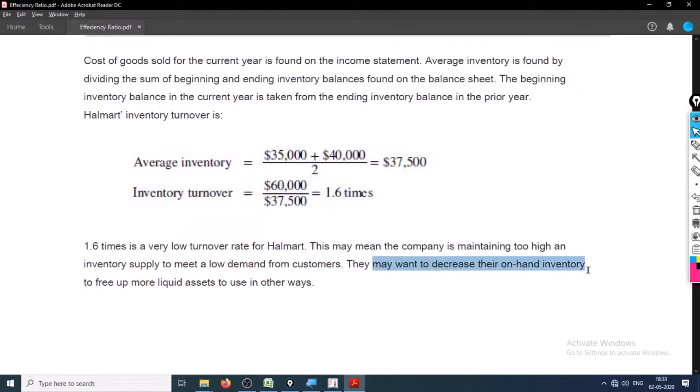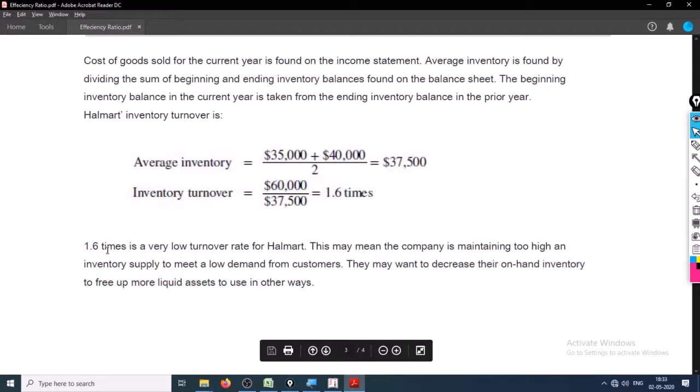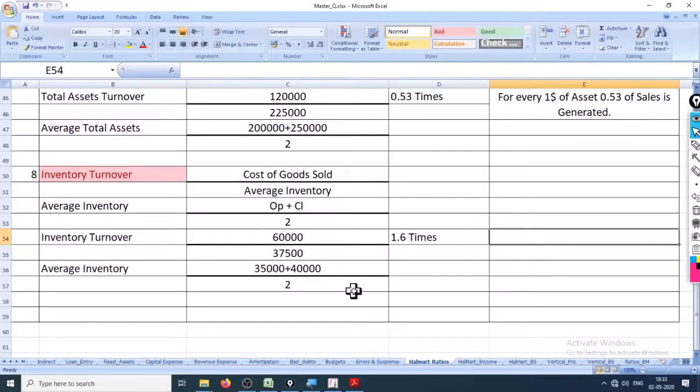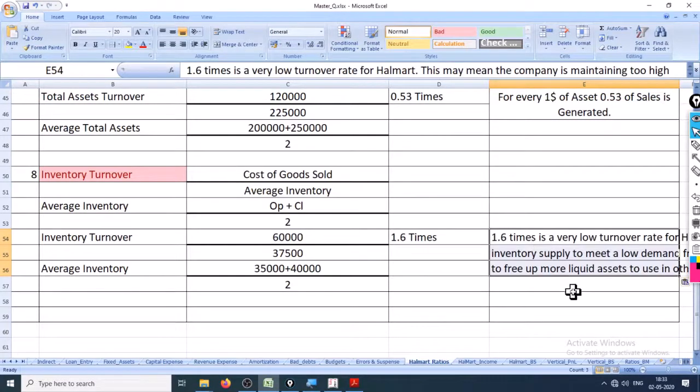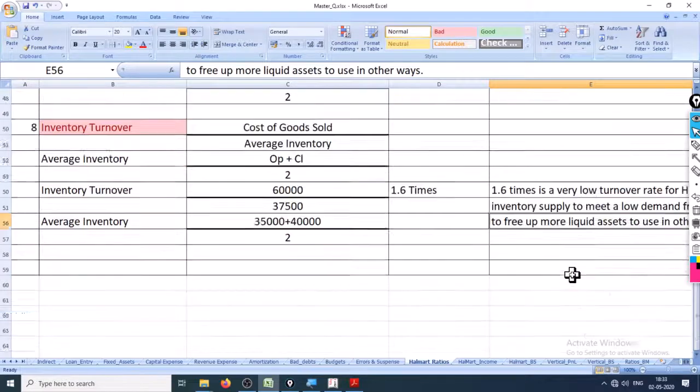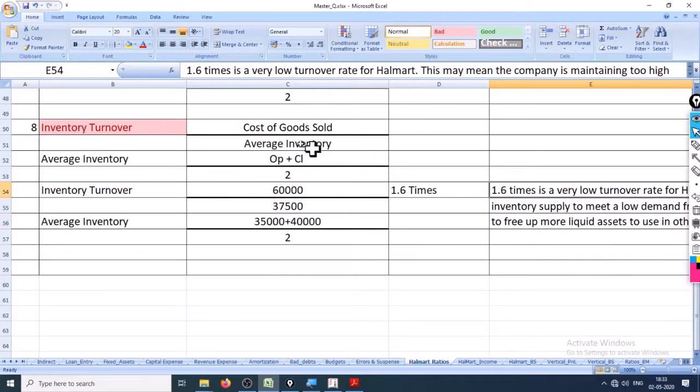They may want to decrease their on-hand inventory to free up more liquid assets to use in other ways. Instead of keeping so much inventory on hand, they can buy less and use that amount in other assets.